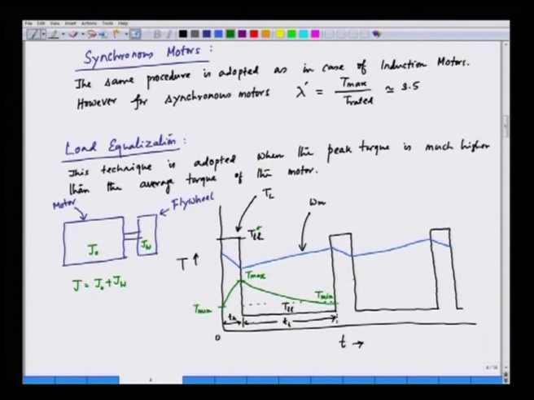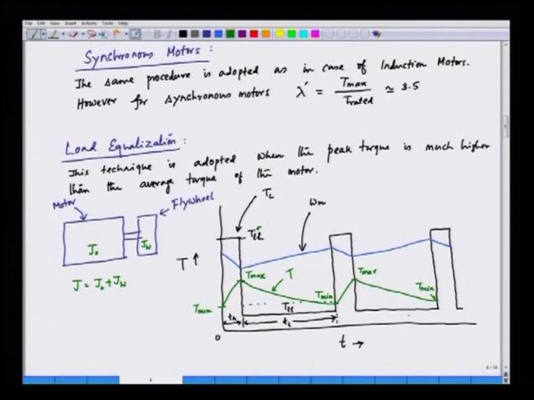So, we have again T maximum, exponentially, and then again we have T minimum here; the decrease is also exponential. This is the variation of capital T, the motor torque.